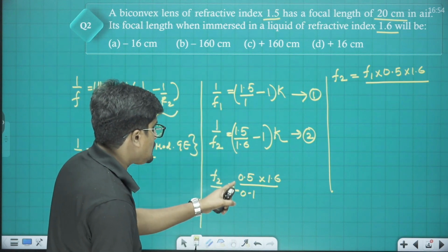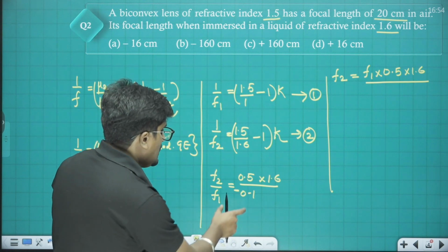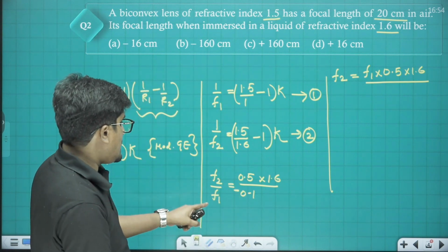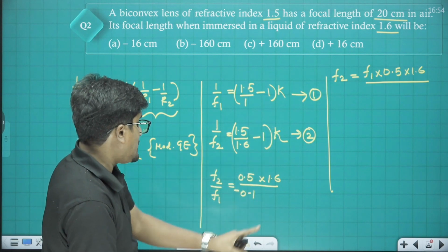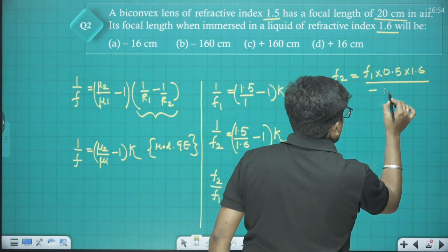Because 1.5 minus 1.6 is minus 0.1. All right, so here f2 is f1 into 0.5 into 1.6 all divided by minus 0.1.